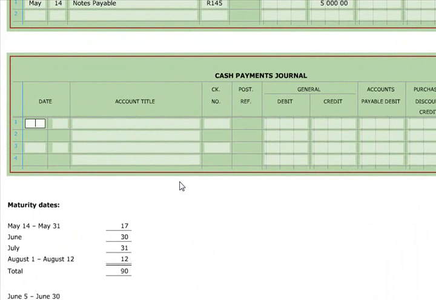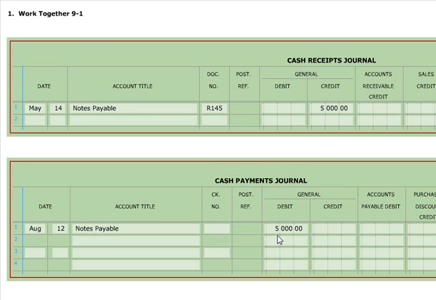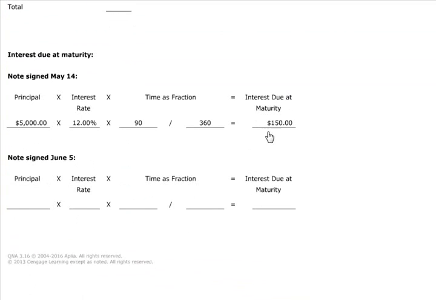I'm going to pay back the note on August 12th because that's the day that the note comes due. In order to pay it off, I'm going to have an account title notes payable, and I'm going to debit notes payable $5,000. This erases the previous transaction. We credited it here, we're going to debit here. Okay. We're also going to have something called interest expense, and that is where this number comes in.